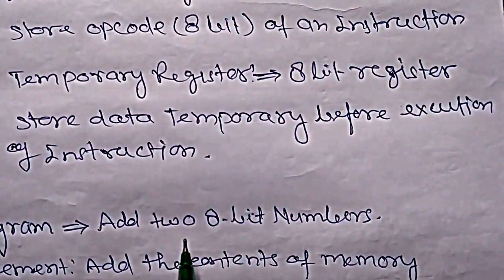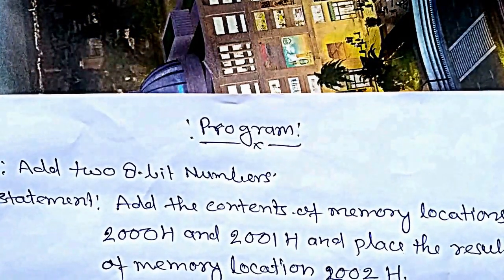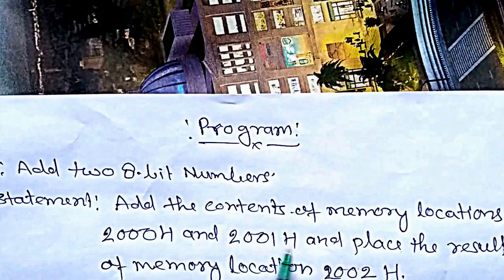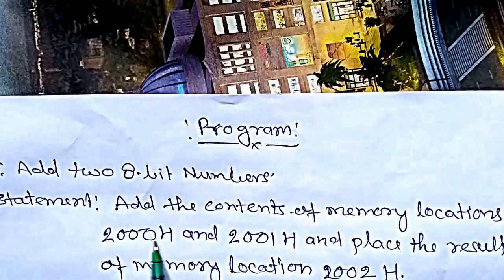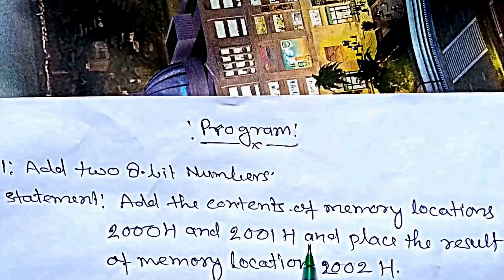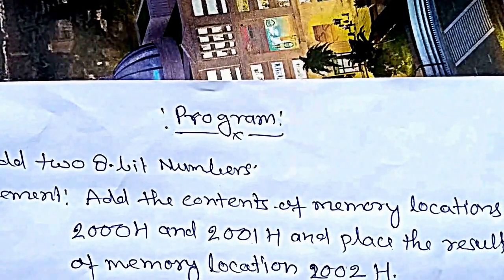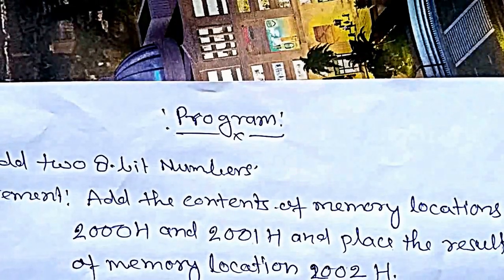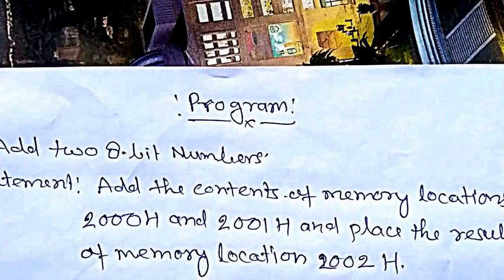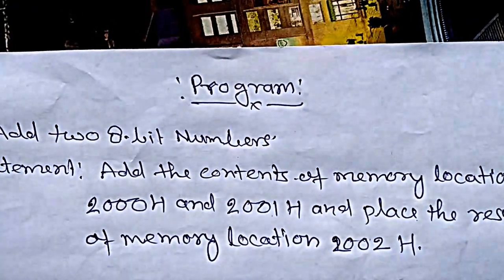The statement is: add the contents of memory location 2000H and 2001H, and place the result in memory location 2002H. Okay, so the program is addition of two 8-bit numbers.